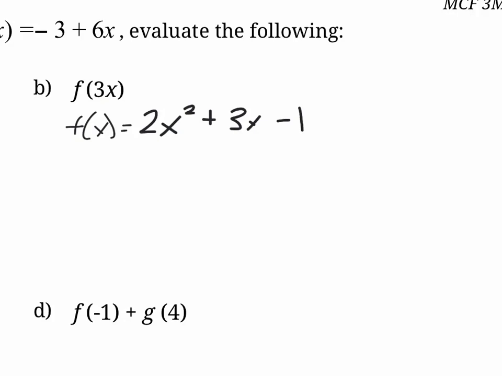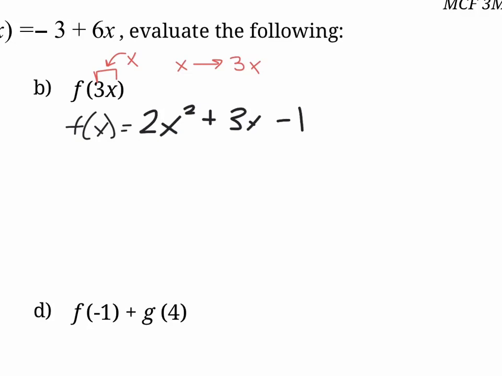So this guy is going to be our new x. So every time I see an x, I'm going to put in 3x. And this goes for anything that goes in that brackets. This could be f of my hand, and every time I see an x, I'm going to put my hand. So every time we see an x, let's replace it with 3x.